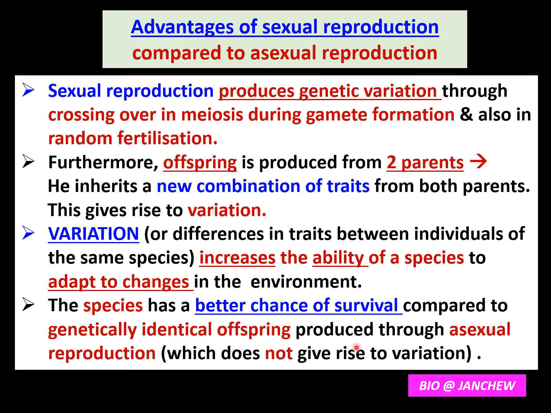Genetically identical offspring produced through asexual reproduction are called clones, and they are genetically alike, so they do not show any variation. So as we know, for clones, we have studied in chapter 5 last year in the topic of cell division. If one clone were to be attacked by a disease and die, most probably the whole set of clones with the same genetic content will also die because they have the same resistance to the disease.